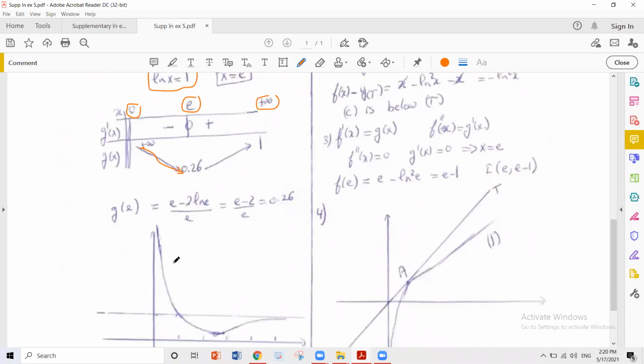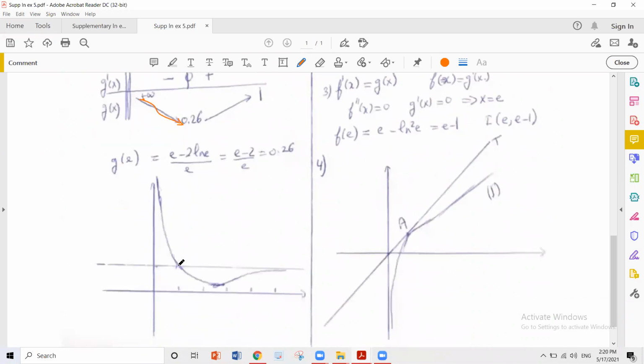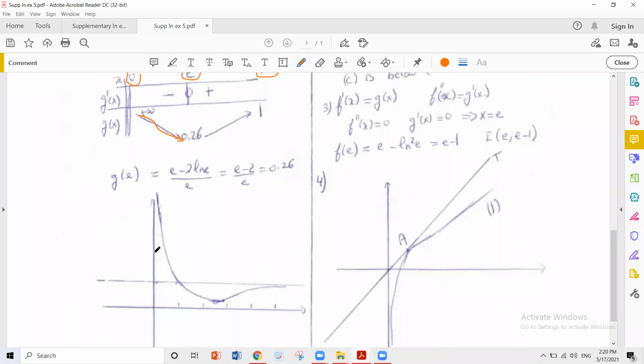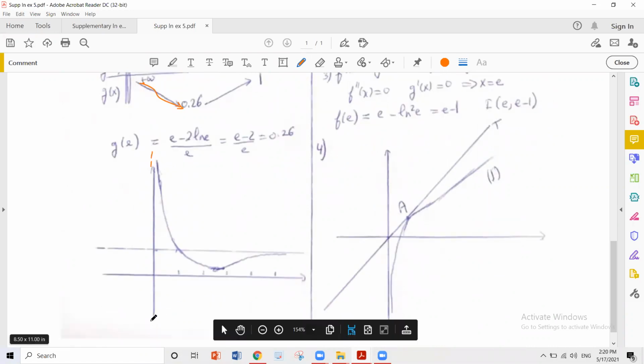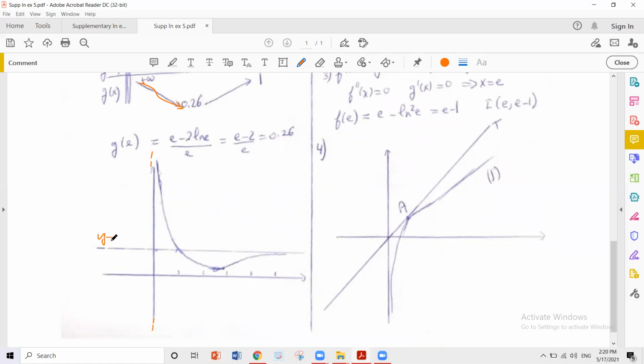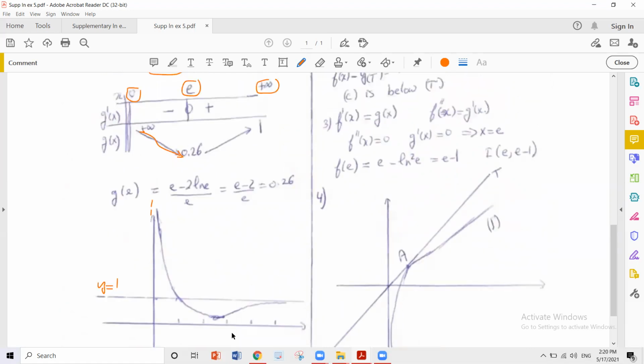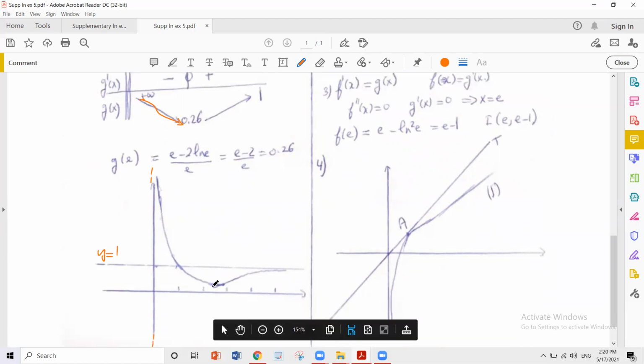Now draw the curve. First, we draw the asymptotes, x equals 0, which is the y-axis, and the horizontal asymptote y equals 1. The minimum is (2.7, 0.26).